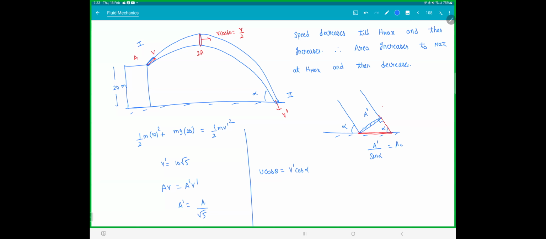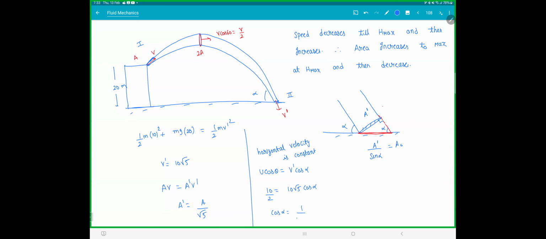Can you see how much you're using: work power energy, fluid mechanics, everything. So horizontal velocity is constant. So this would be 10, V dash would be 10 root 5, and this is cos alpha. This is 10 by 2.